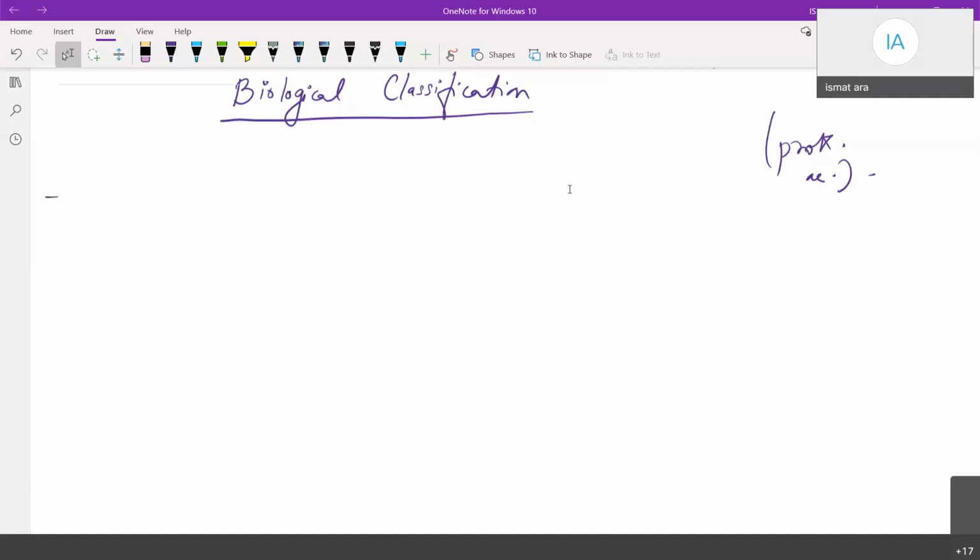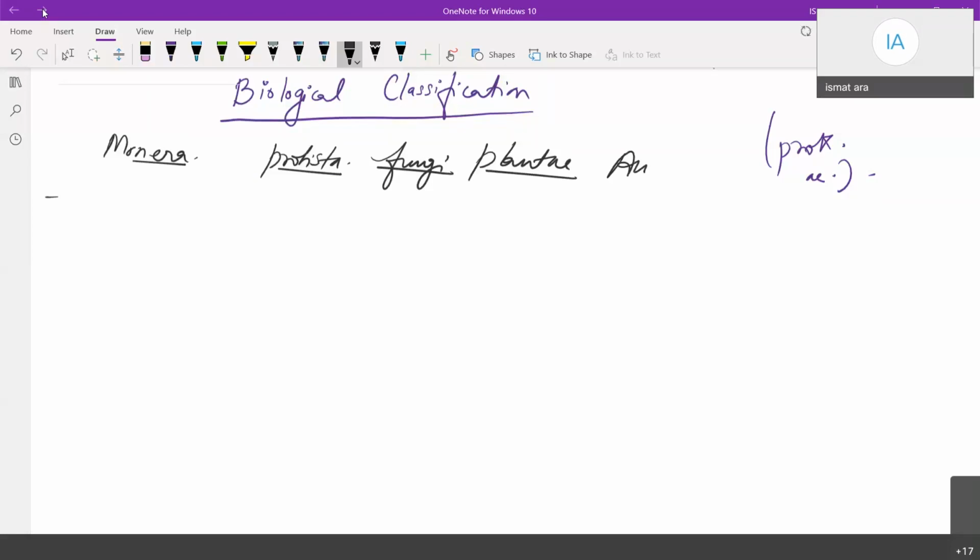Let us see the features in a comparative way. Okay. Monera, Protista, Fungi, Plantae, Animalia.